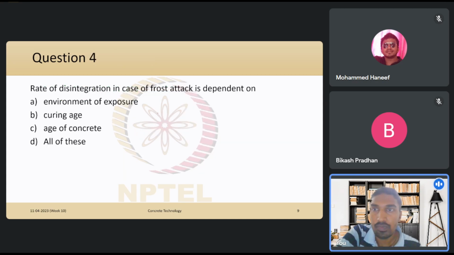Okay, question 4 is the rate of disintegration in the case of frost attack is dependent on. The options are environment of exposure, curing, age of the concrete, and all of these.